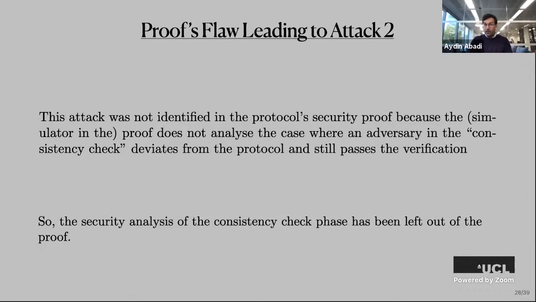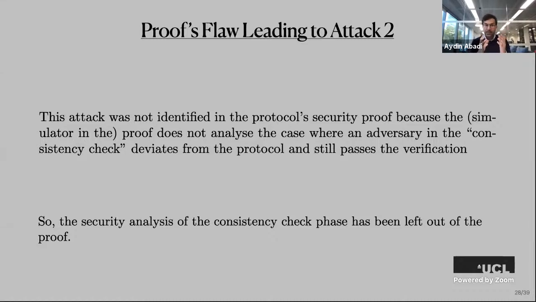So, as we saw in the description of attack 1, there's a consistency check, phase 2, if you remember, where each party checks the other party's input and makes sure that it has been well formed and the party has acted honestly.